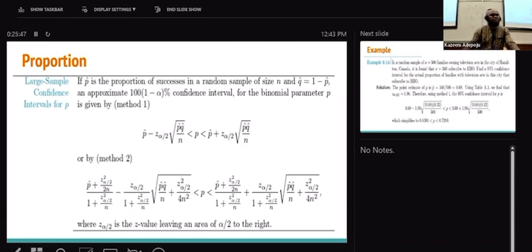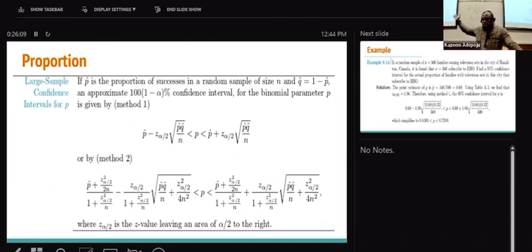A point estimate is when you get a single value. A single value could be wrong or right. And we now want to get a value that will be in the interval. Why do you think I want to get a value in the interval? Because all the values in the interval cannot be wrong, but a single value could be wrong.